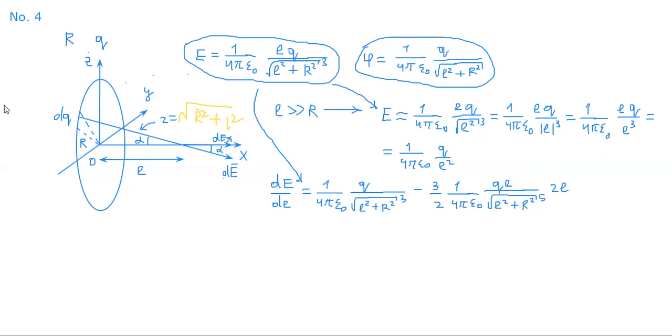If there are no questions, we have 1 divided by 4πε0, q.